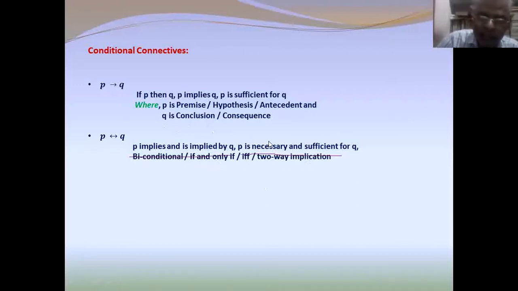So there are different ways to read it: P double implies Q, P implies and is implied by Q, P is necessary and sufficient for Q, P biconditional Q, P if and only if Q, or P two-way implication.